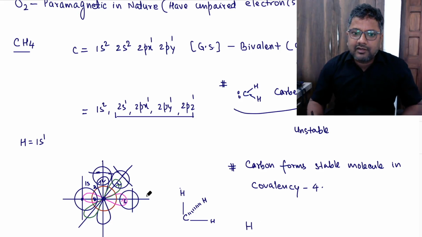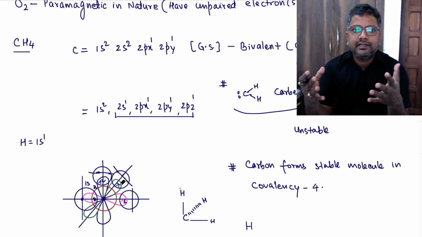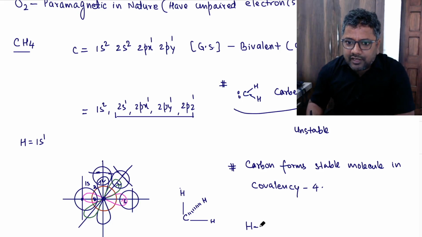What is the bond angle between px, py and pz? 90 degree, 90, 90 degree. So the HCH bond angle should be equal to 90 degree.